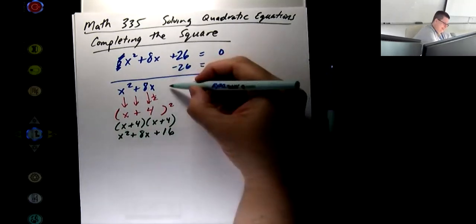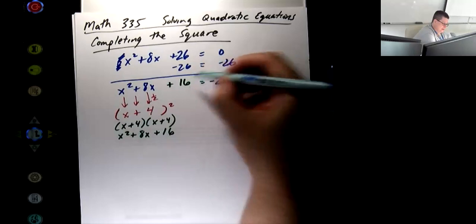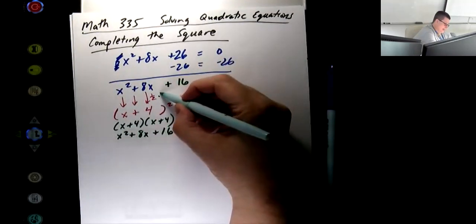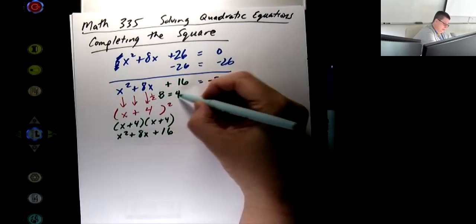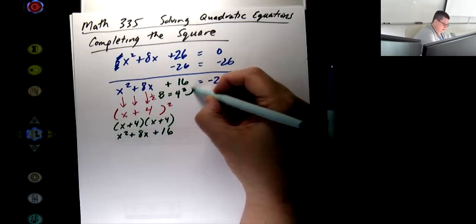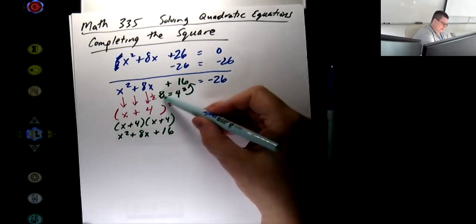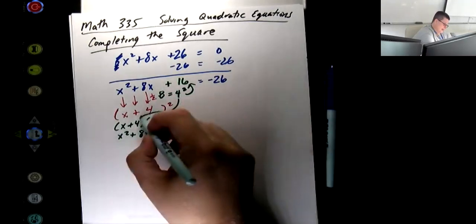What we need to do is add an extra 16 here. The way we get that is we take 1/2 of that 8, which is 4, and we square it. The idea of taking the half gets this, the 4 tells us what's going there and there.